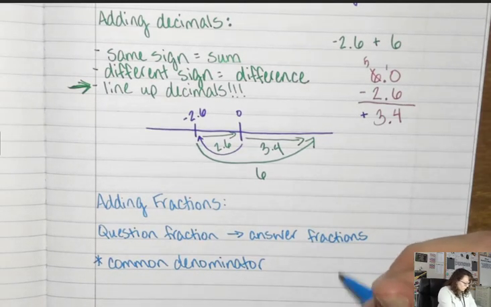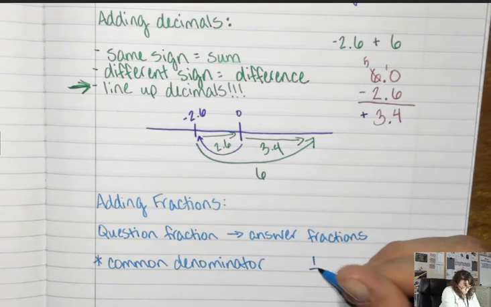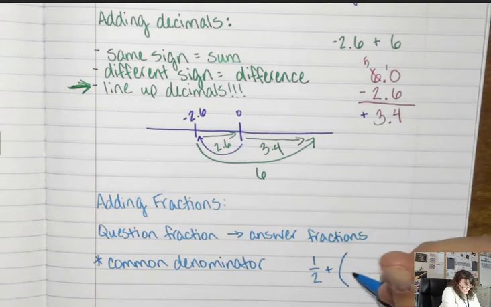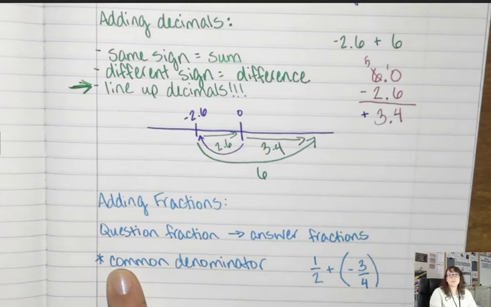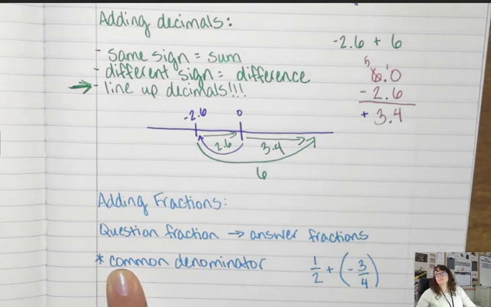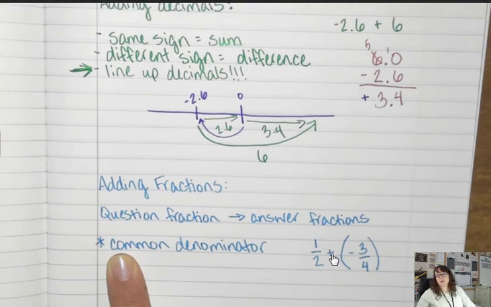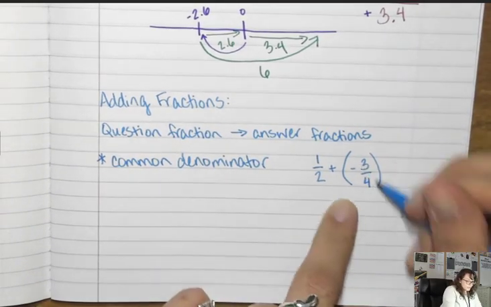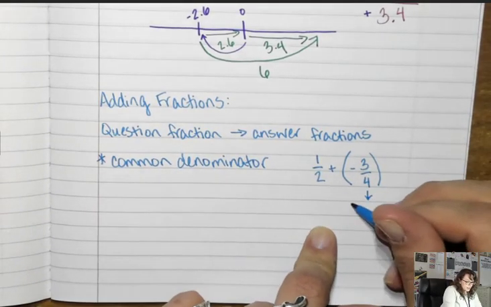So let's take 1/2 plus -3/4. So my first step, common denominator. What is my denominator? 4. Okay, so 3/4 is going to stay the same. That's going to be -3/4.